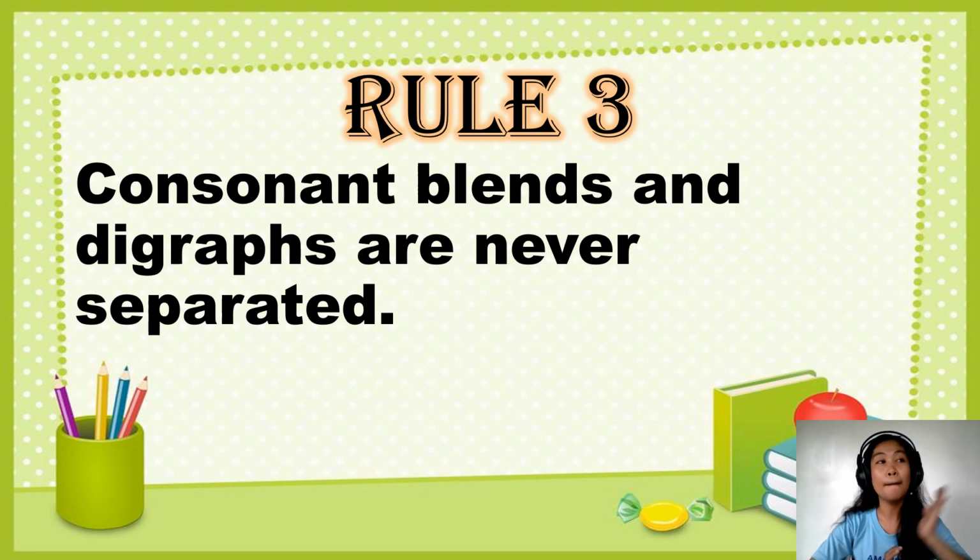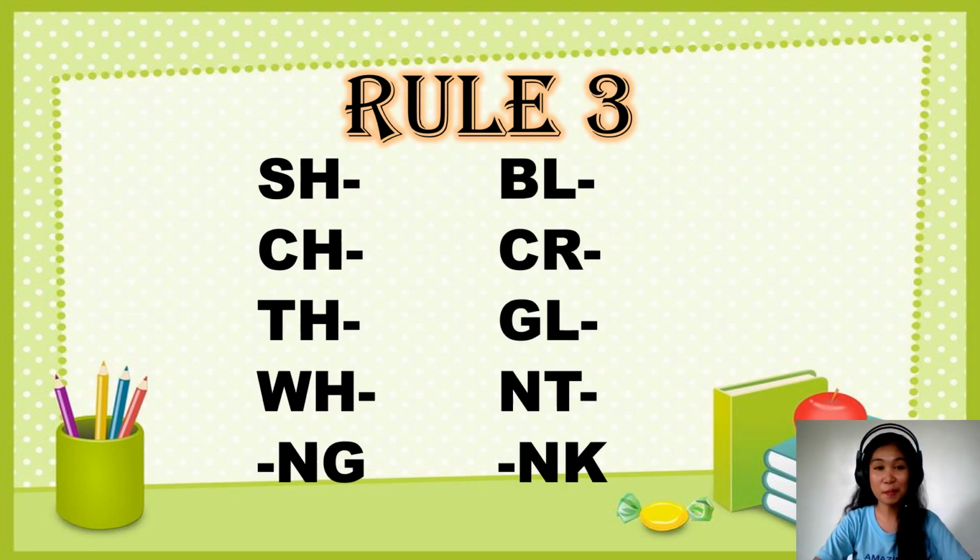Consonant blends are bl, as in black, br, as in brown, or digraphs sh, ch, th, w, ng, and of course consonant clusters: bl, cr, gl, nt, nk.